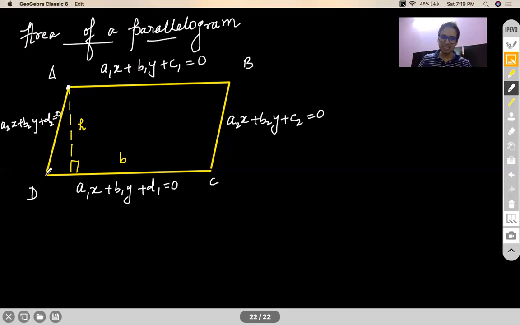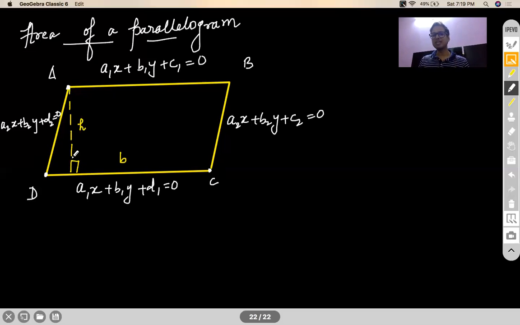Then you need to get D and C points. For that, you need to solve AD and CD equation simultaneously and BC and CD equation simultaneously. Then you will use distance formula to get the CD length. And then you will do base into height. And one more thing, you will also do the distance of A from this line. Correct? My God, this is going to take a lot of time in your competitive exams.